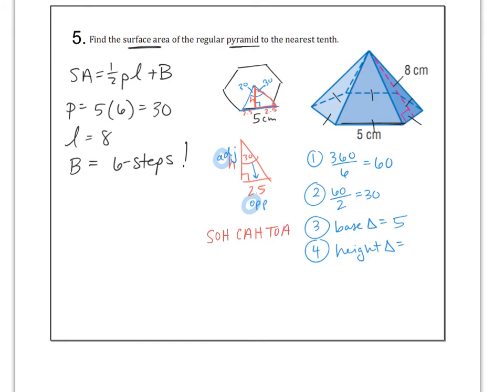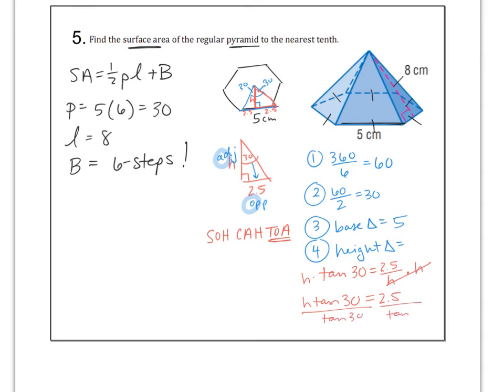So for the height, I think opposite and adjacent are going to go with TOA. So we're going to go tangent of 30 equals 2.5 over H, height. Multiply by H. And then remember, if you have H tangent 30 equals 2.5, you're going to divide by tangent 30.